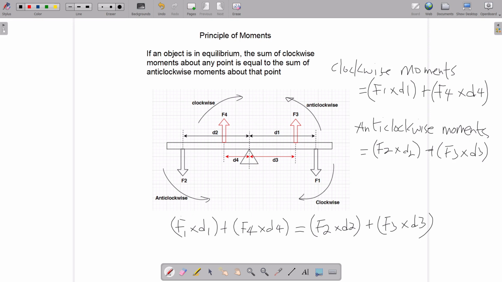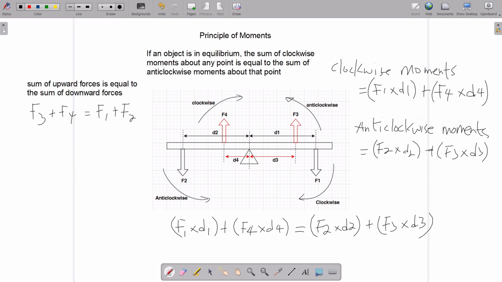So one thing you have to keep in mind is that, using the principle of moments, we also say that the sum of forces in one direction will be equal to the sum of forces in the other direction. And especially for a problem involving a bar resting on a pivot like this, we are going to have the sum of the upward forces equal to the sum of downward forces.